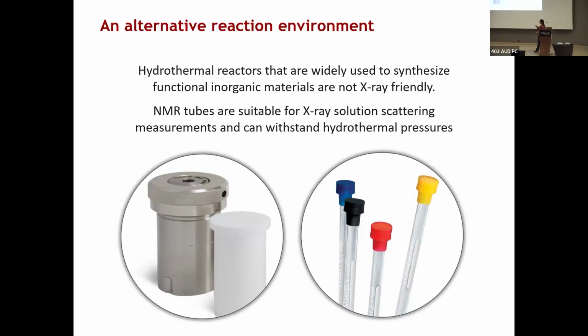What we really like to use are these types of glass NMR tubes. We don't do any NMR spectroscopy in my group, but we go through thousands of NMR tubes because they're such a great X-ray reactor and excellent for doing pair distribution function measurements because it's got a consistent contribution to the background.